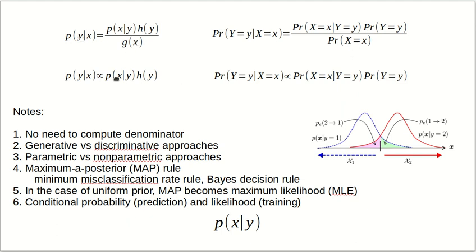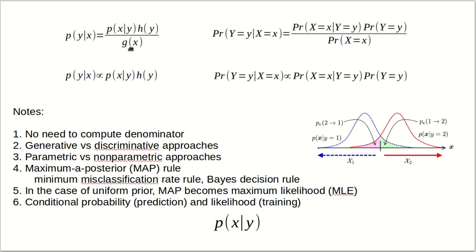So for a given set of data, the relative values of the posterior probability for different values of y are not going to depend upon the denominator.